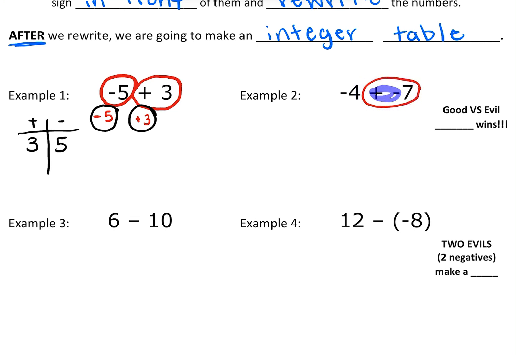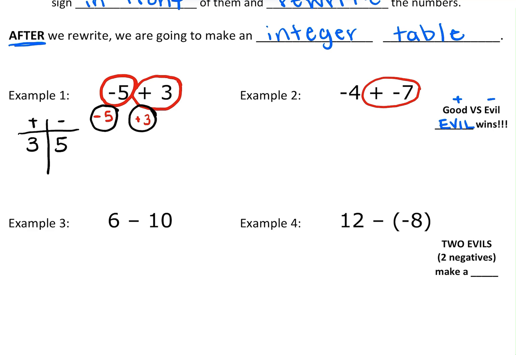This one, if you notice, has 2 symbols. That's okay. When we have 2 symbols, we are going to think of good as your positive and evil as your negative. So when you have a positive and a negative, the way we remember this is good versus evil, and in math, evil wins.